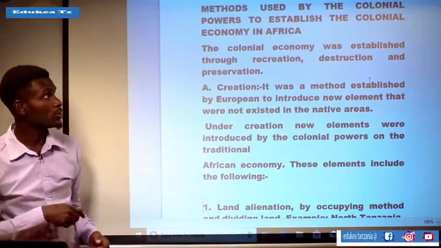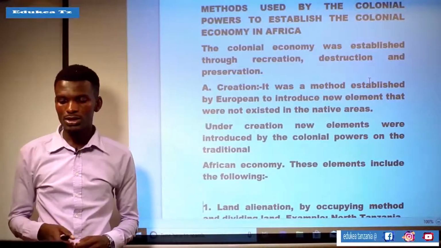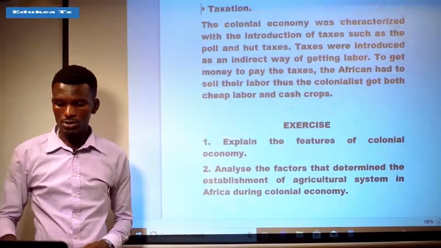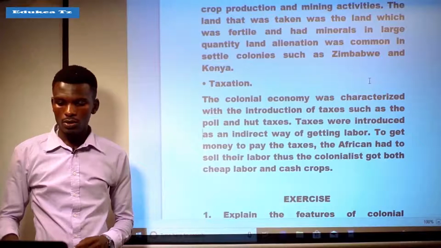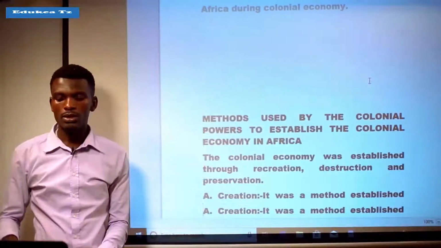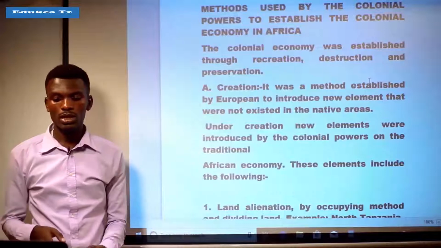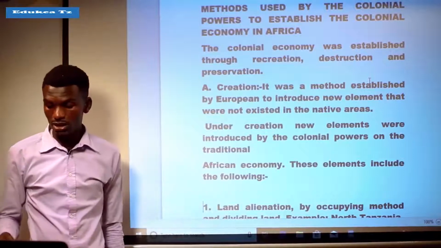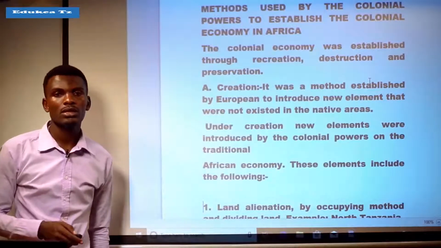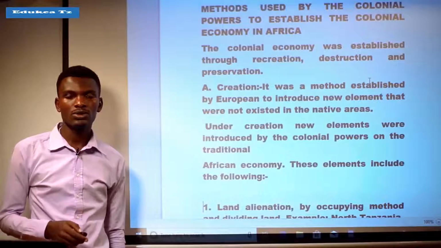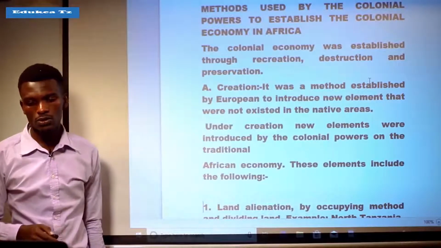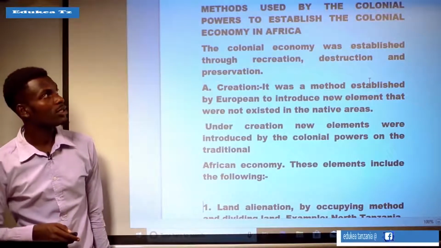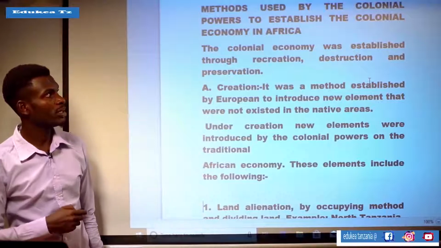In the last session we ended on the factors that determined the establishment of the agricultural system in Africa during the colonial economy. So today we are going to see the methods used by the colonial powers to establish the colonial economy in Africa.